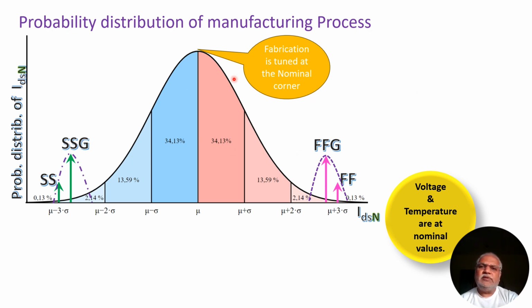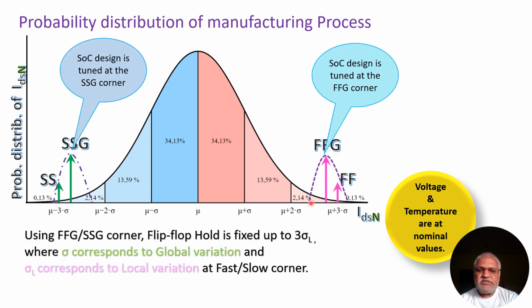Later on, the Liberty Variation Format (LVF), Synopsys POCV and Cadence SOCV formats also came in, and all of these three and AOCV used only the global corners. During STA, the slow global corner is used, and in hold fixing, both FFG and SSG are used.